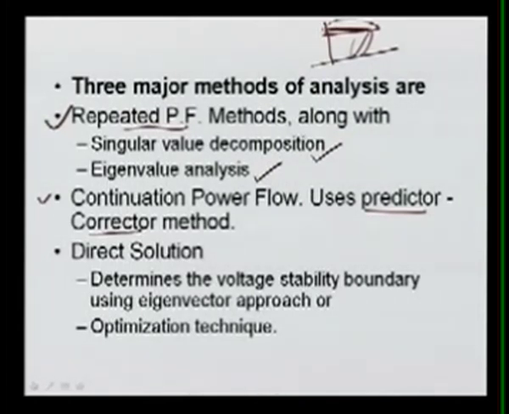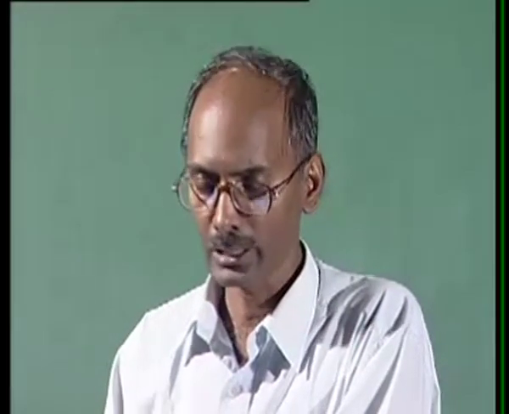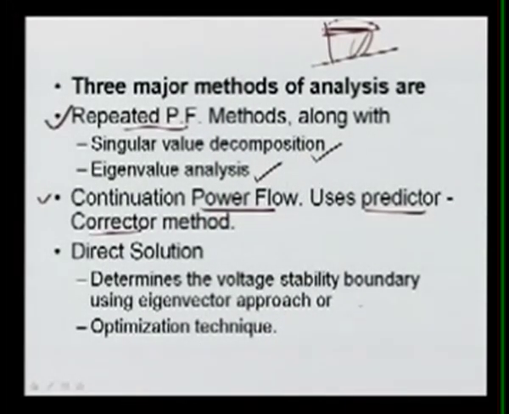But in the continuation power flow, I was explaining its advantage over the repeated power flow method. I will explain again how we can get the power flow solution using this method, and I will discuss the steps, the predictor as well as the corrector. Here in this PV curve, we can get even the lower portion of the curve as well, and we can go up to the nose point without any problem.